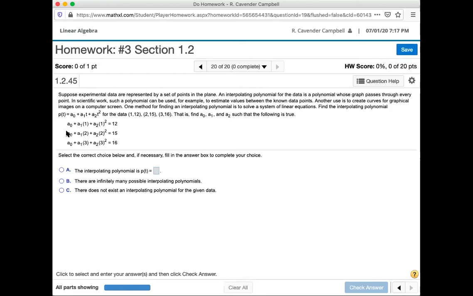Your second row then would have 1 a0, 2 a1s, 4 a2s, so it would be 1, 2, 4, and 15. And then your third row, right, would be 1, 3, 9 for 3 squared, and 16. Okay, and then you're just solving that matrix.